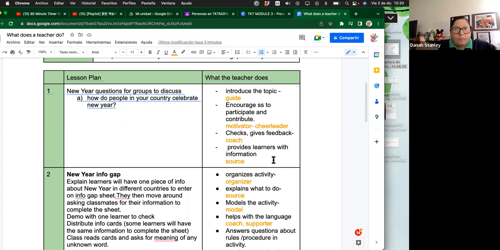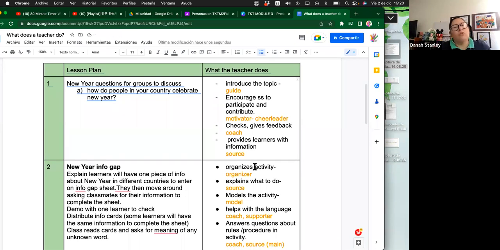And provide the enough practice and correction as the students need it, okay? Then, provide learners with information. So I'm going to be the source. The students, if they don't know something, if they don't know a word in English, I'm going to be the one who is going to provide the answer, okay?